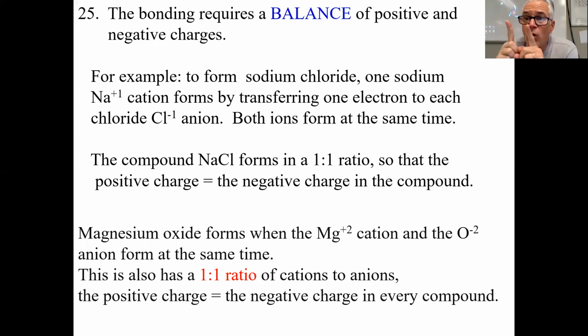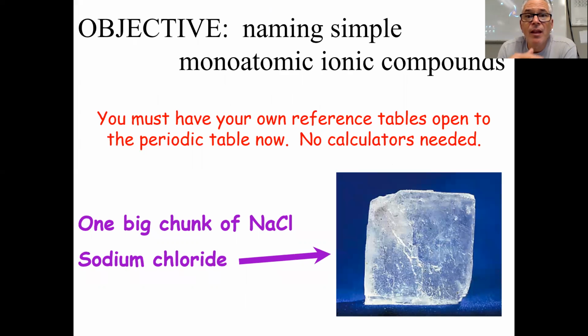That's also going to be in a 1-to-1 ratio. So we can make a compound called magnesium oxide, MgO, in a 1-to-1 ratio. It has to be 1-to-1 because a +2 is balanced by a -2. If it wasn't a 1-to-1 ratio, there'd be too many positives or too many negatives, and that's not cool. Got to be neutral.